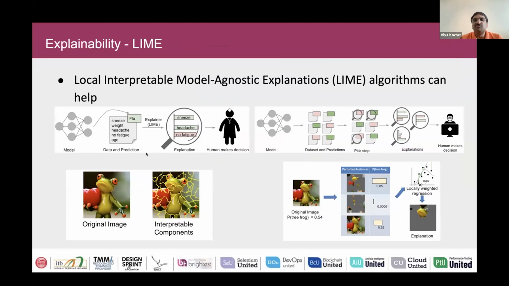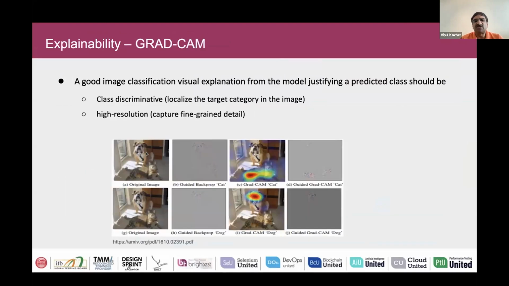Explainability, many methods available. For example, LIME. I'll not get into LIME, but let me show you an example of GradCam. What you see here for a neural network, GradCam is explaining to you which pixels resulted in tilting of the output towards one class. For example, if you look at the top image, last one, it shows you that the hind legs of the cat were instrumental in classifying it as a cat, whereas the face of the dog was instrumental, all the red marked pixels, in classifying it as dog.